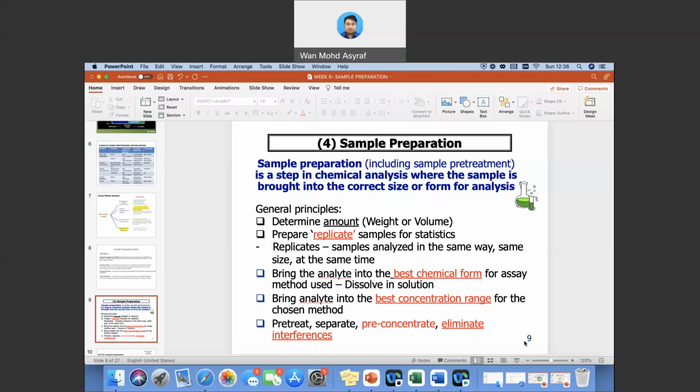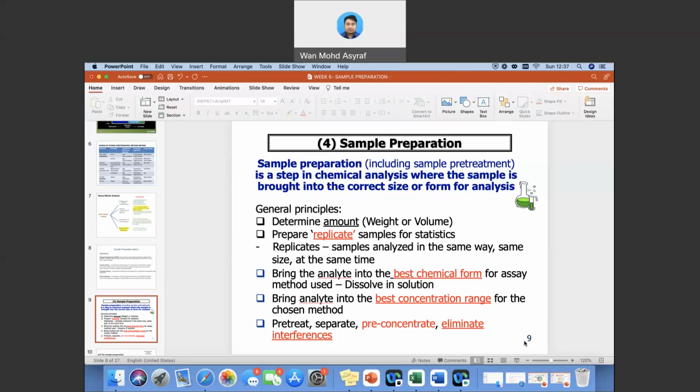These replicates will be subjected to the same pretreatment and the same analysis at the same time, so that the deviations would be the same, and at the end we can have the mean, the average of the results.